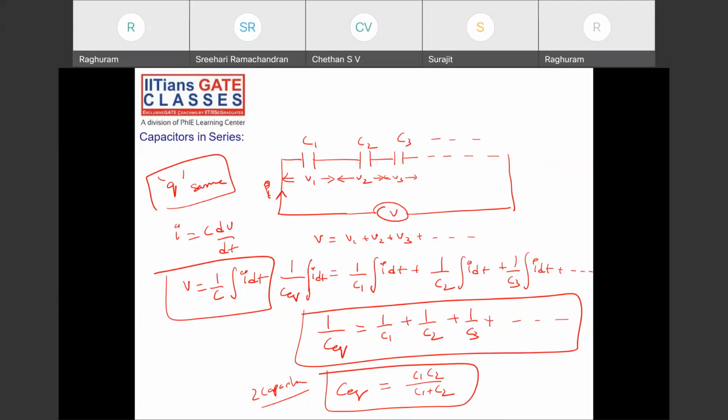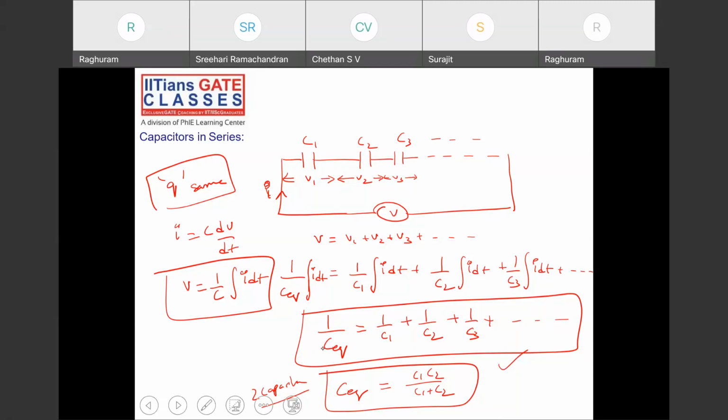So all the equivalent conditions for series and parallel we have considered only for the steady state condition. Right. And when you see sinusoidal steady state AC circuits, there is something called capacitive reactance.